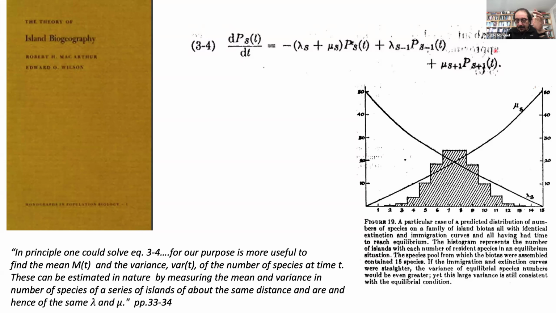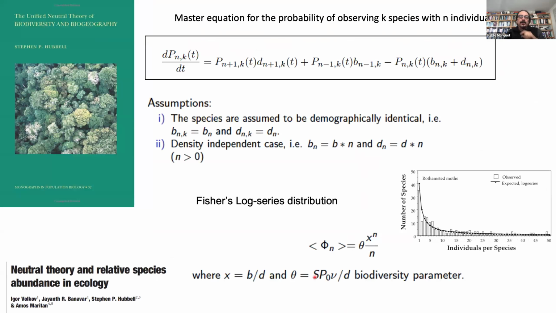Well, what Hubbell did was exactly the same thing, but he took the same master equation, and now instead of the rate being applied to species, now this rate applies to a particular number of individuals within a species.